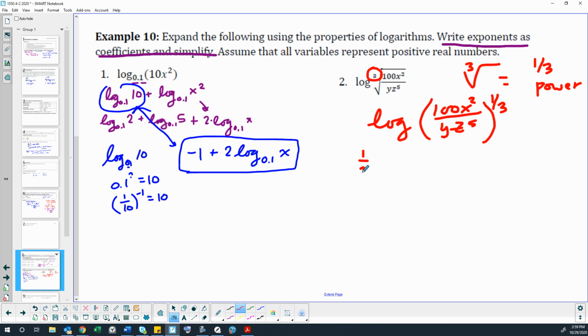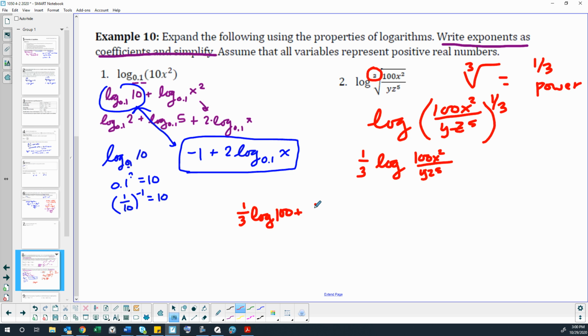So this 1/3 is going to go in front of everything, right? So don't forget that as we separate out things, that 1/3 is still going to go along for the ride. yz to the 5th. Okay, now let's separate out all of the little things. So we are going to have 1/3 the log of 100, because that's one of our factors.